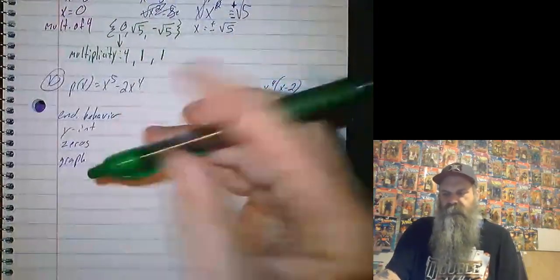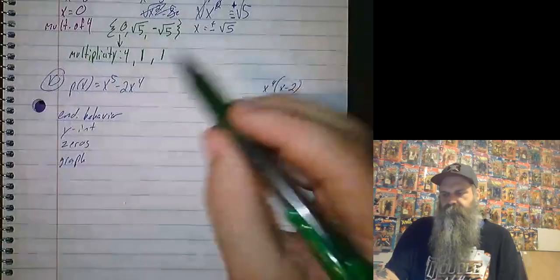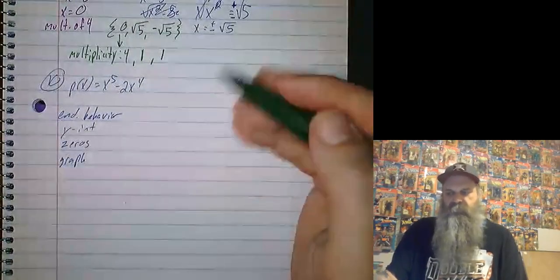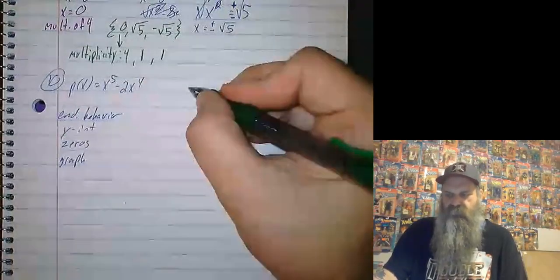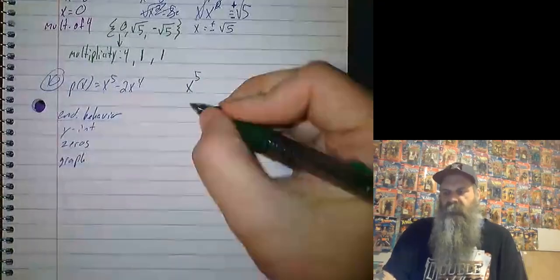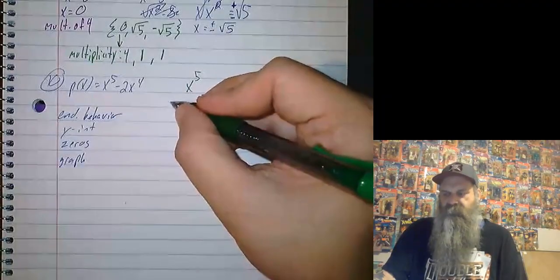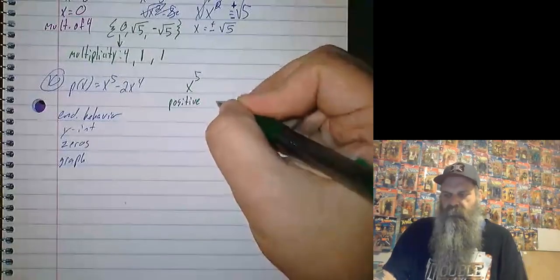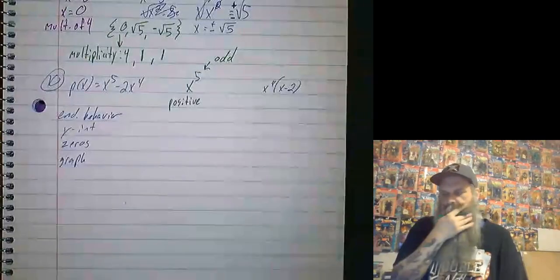Finally, number 10. It's going to ask for a couple of things. Well, let's see. It's asking for the end behavior. So we only look at the leading term, x to the 5th. That's positive with the coefficient, and the exponent is odd.